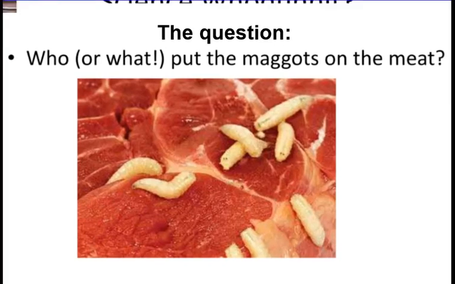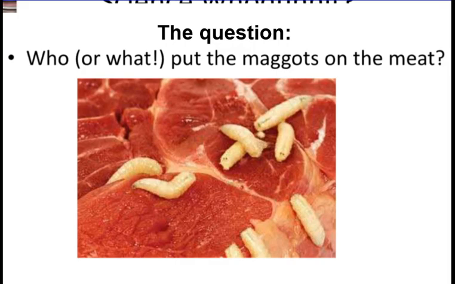So I'm going to take you all the way back to the 1800s again, and the idea of spontaneous generation. Do you guys know what spontaneous generation is? Where do living things come from? Other living things, right? And you guys know that. But we didn't always know that.